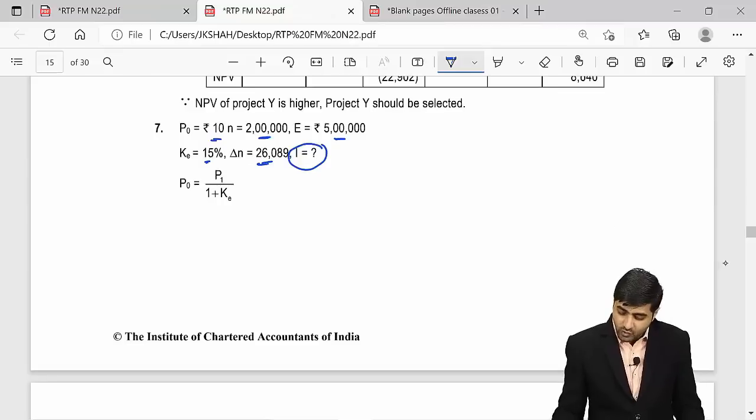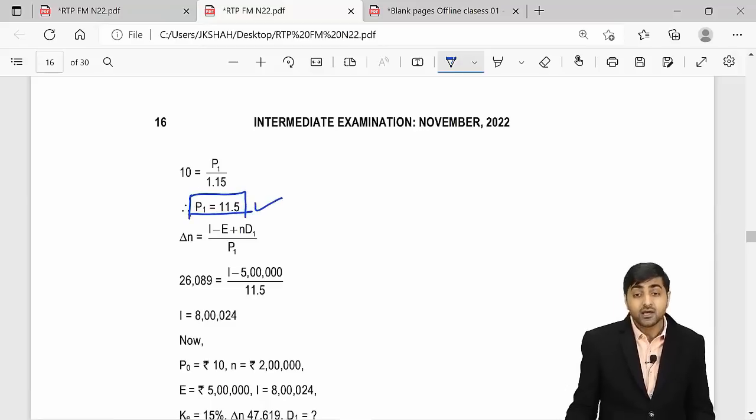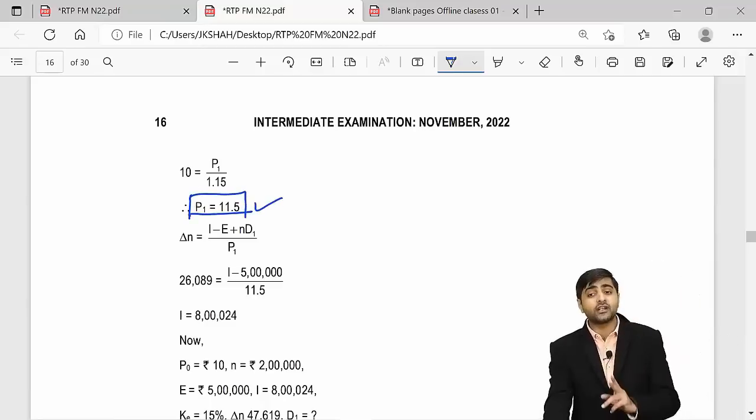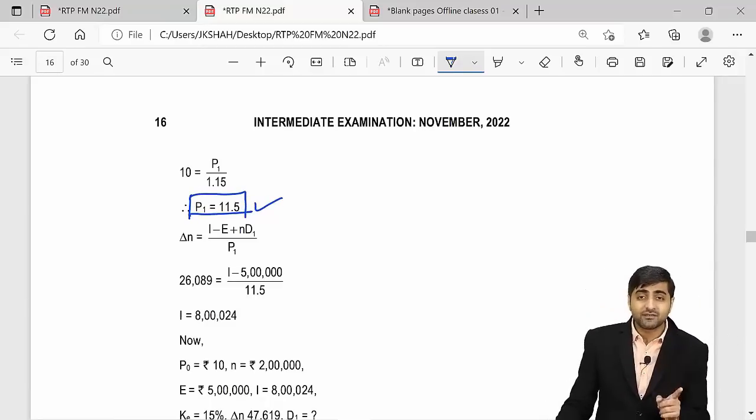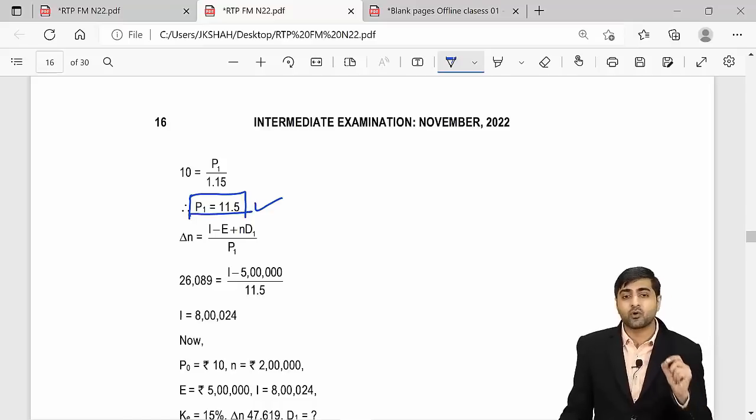So just check, do you have the P1 as 11.5? Yes sir. But that is only possible when you don't declare the dividends. So when the dividends are not declared, your P1 is nothing but rupees 11.5.